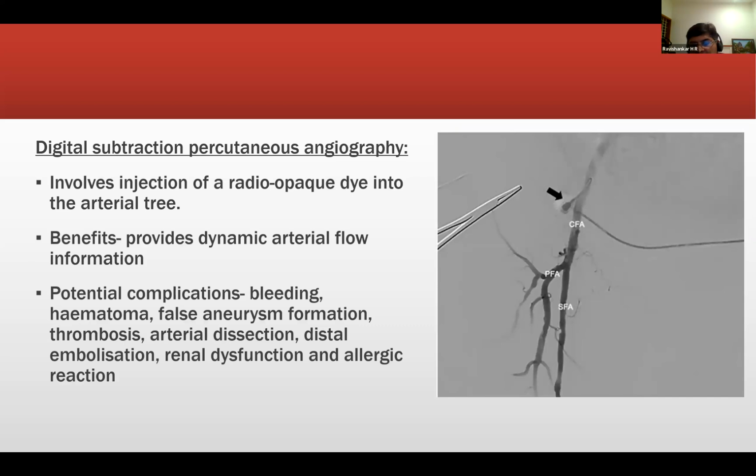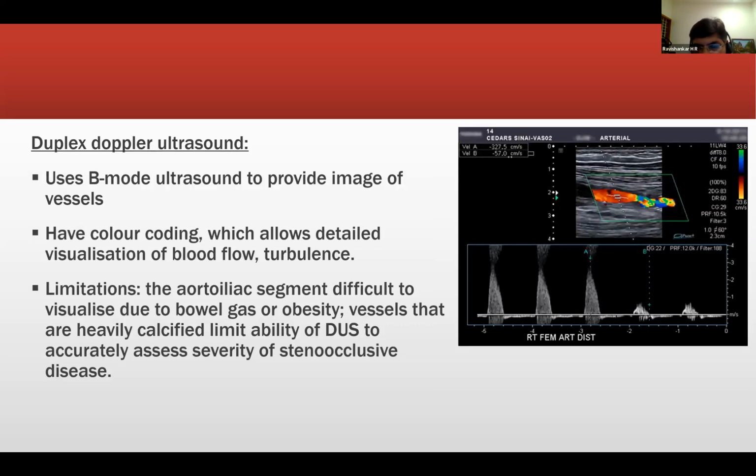So what is the classical thing that you describe in the Doppler when you talk about vessel disease? Vinod, how do they describe it? Triphasic, monophasic, biphasic. Triphasic.